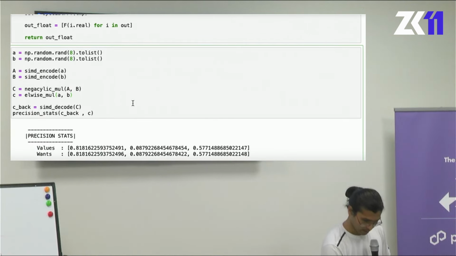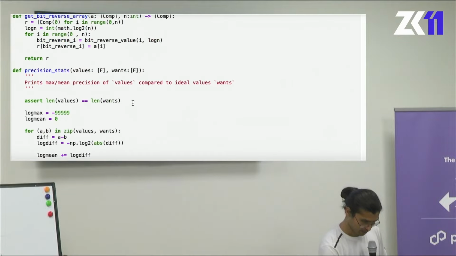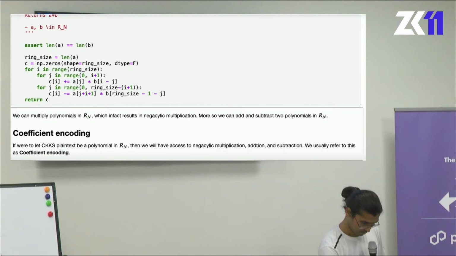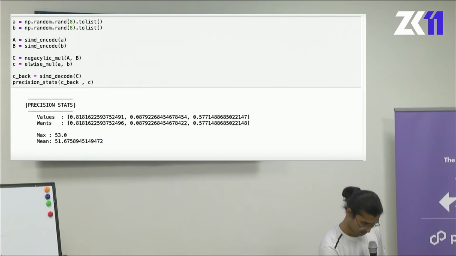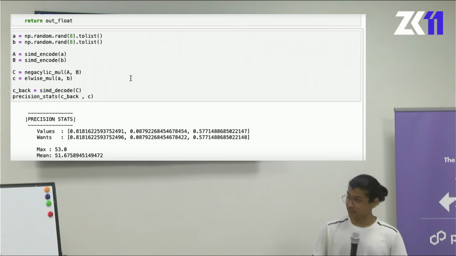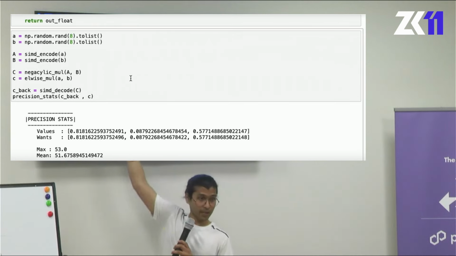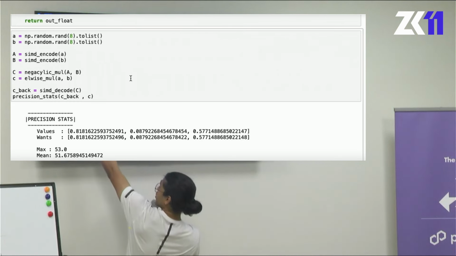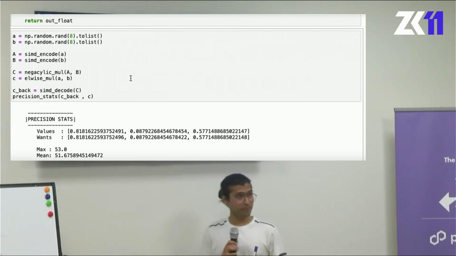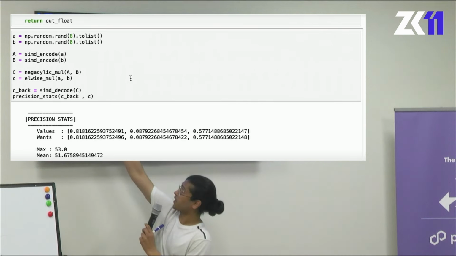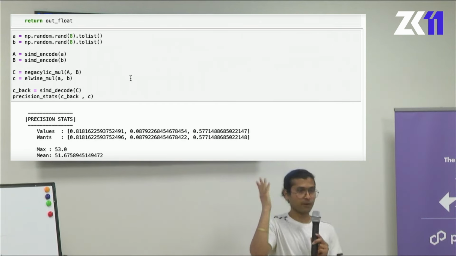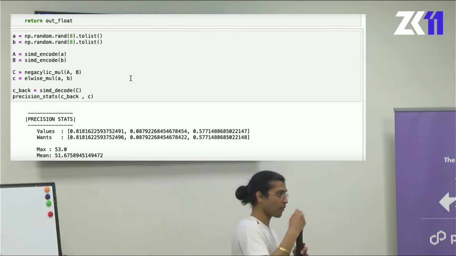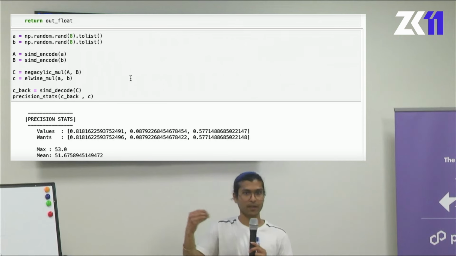Let me just execute everything so that it works. Over here, we're sampling two random real vectors. Then we're encoding them using SIMD encode as A and B polynomials, and then we are performing negative multiplication of the polynomials, that is multiplication in the ring, and then we are checking whether the multiplication of the polynomials in the ring corresponds to element-wise multiplication of the vectors.